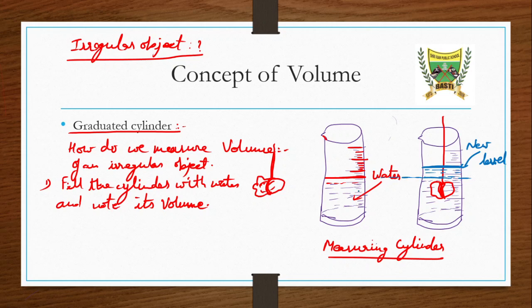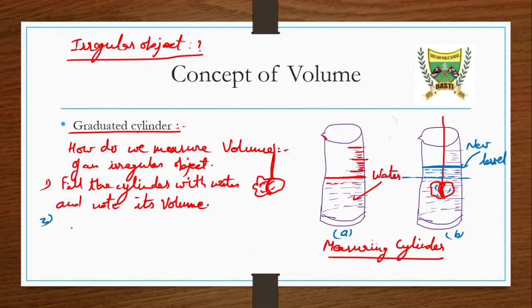Let's suppose that this is case A and this is case B. In case A we have already noted the level of water, so that we know the volume of the water. After inserting the pebble, we have seen that there is a rise in the water level, and this rise gives us the new volume.